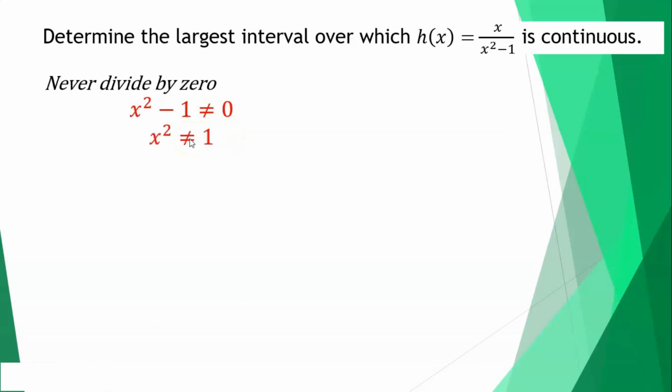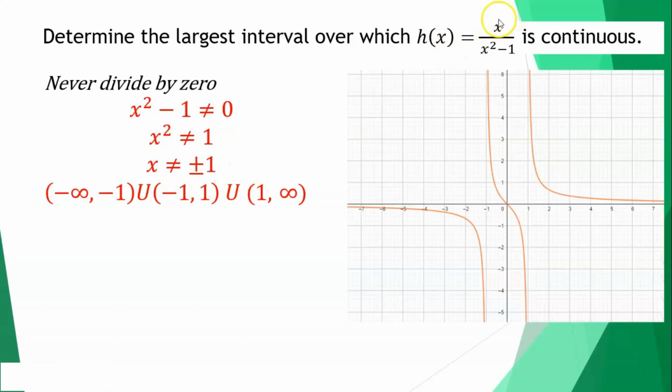Solving this, x squared should never be 1. Getting the square root of both sides, our x here should never be positive or negative 1. Or writing this in interval form, that should be any number except negative and positive 1.